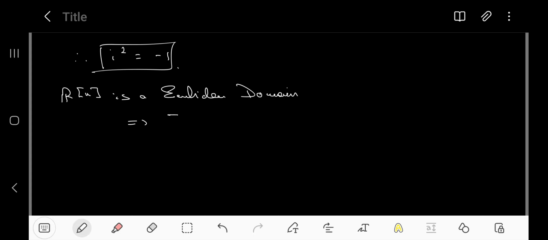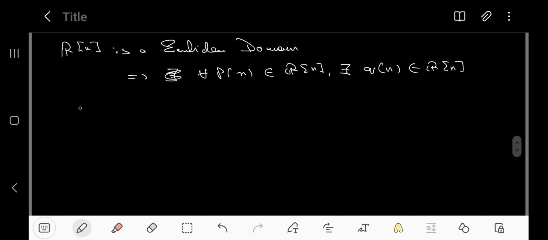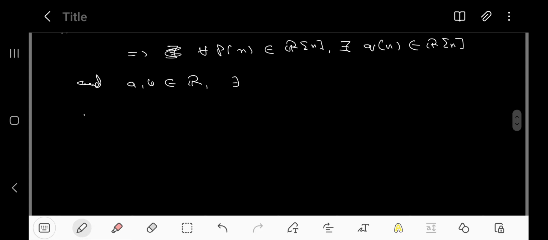That implies that for all polynomials p(x) in R[x], there exists a polynomial q(x) in R[x], and real numbers a and b in R, such that p(x) can be written as q(x) times the polynomial x squared plus 1, plus a plus bx.